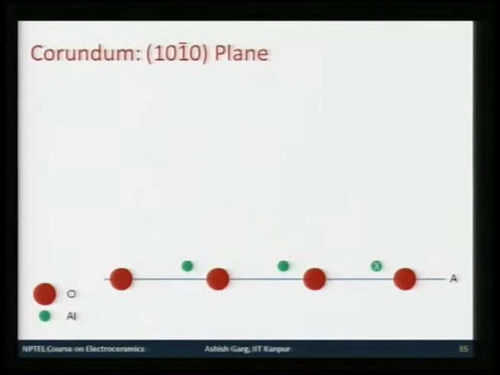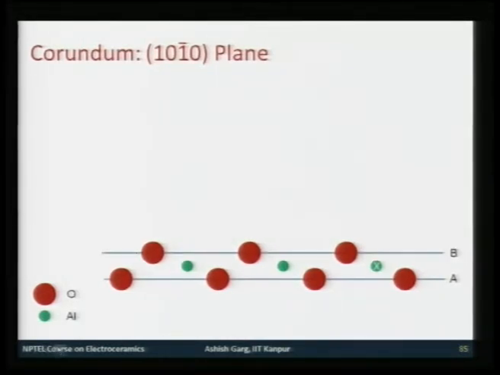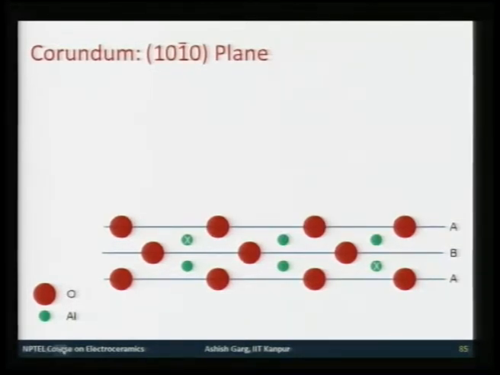So, you have 2 filled and 1 empty site, followed by the second layer of oxygen atoms, followed by again 2/3 filling of octahedral sites. But if you notice, the position of the octahedral site has changed, and then you fill the third layer of oxygen, then again the cation layer, and again you see that the site changes in a sequential manner.